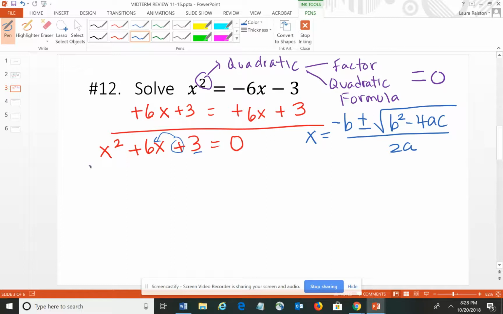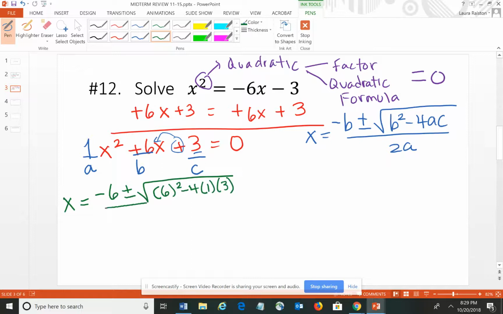Now remember that the a is the coefficient in front of the square term, which is an understood 1. The b is the coefficient in front of the x, and c is the constant. So I'm going to basically plug and chug into the formula. So I have x equals opposite of 6 plus or minus the square root of 6 squared minus 4 times 1 times 3 all over 2a.